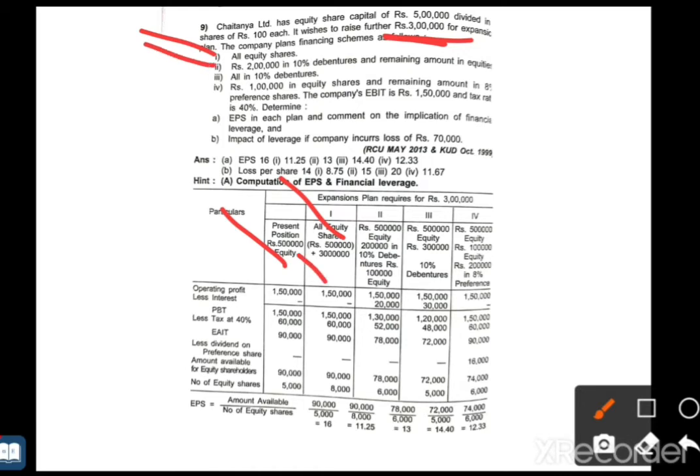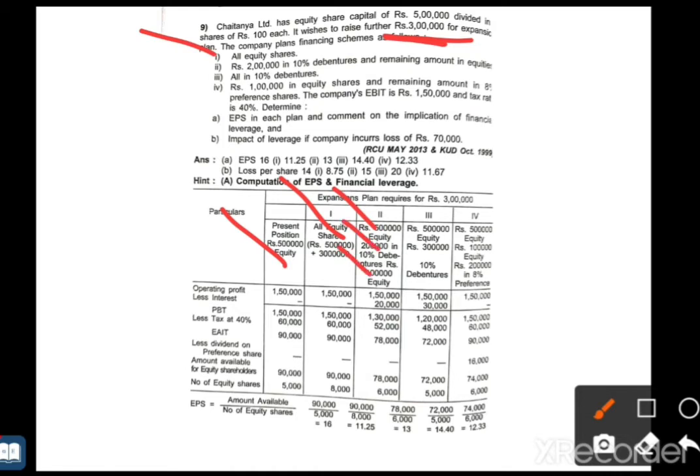In plan 2, 2 lakh in 10% debenture. Each plan has a 3 lakh rupees expansion, so in 3 lakh rupees, 2 lakh rupees is debenture and the remaining is equity share. It means 5 lakh rupees equity share plus 2 lakh in debenture and the remaining 1 lakh is equity share.